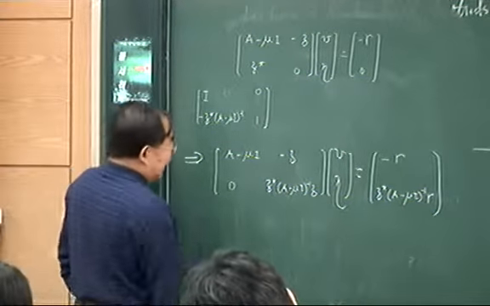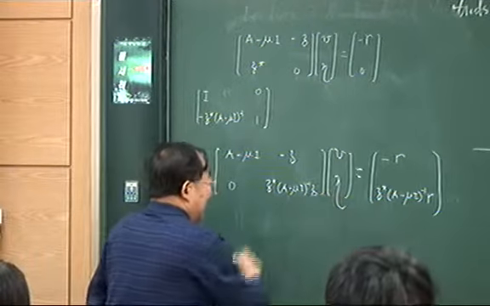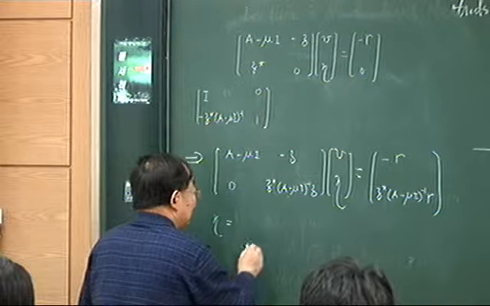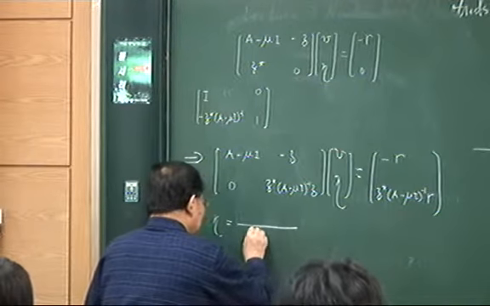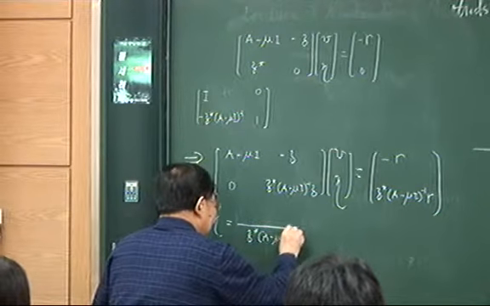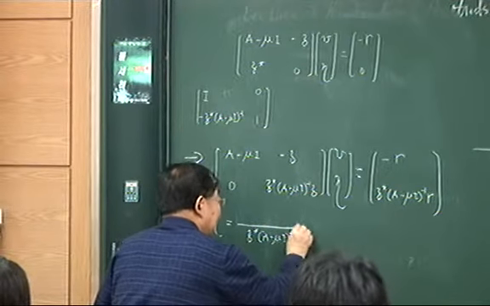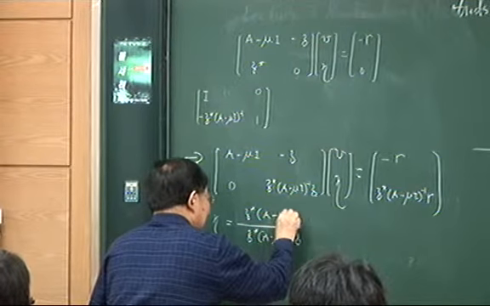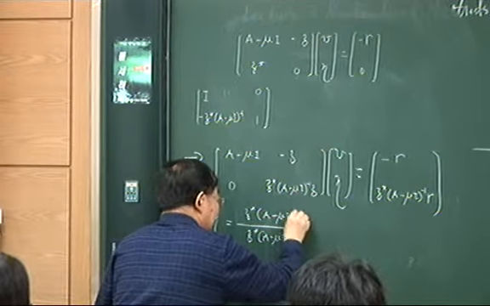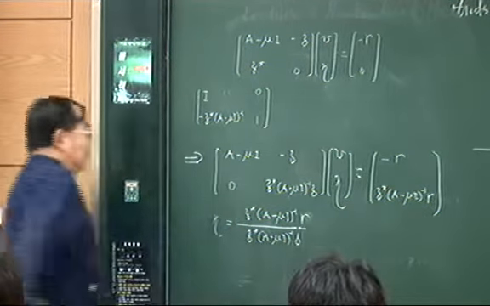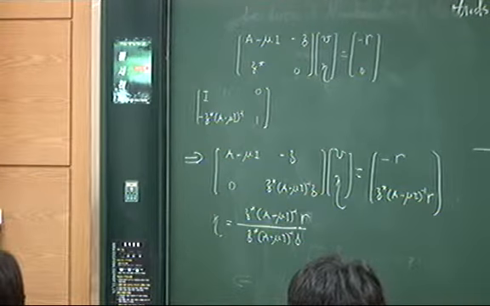So from this last one, we get η equal to this, z* (A − μI) inverse r. This is the solution for η.